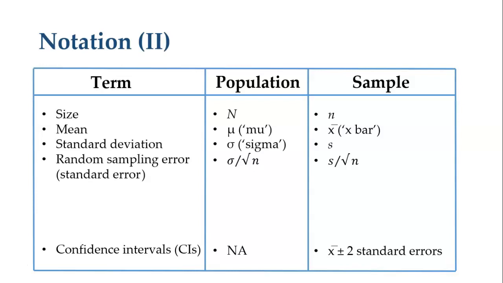When we have that sigma, the value of sigma. When we don't have the value of sigma, that random sampling error will be equal to s divided by the square root of n, okay? And we also introduce this idea of the confidence interval that will be equal to x bar plus or minus 2 standard errors, okay?